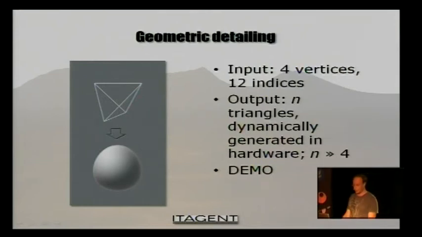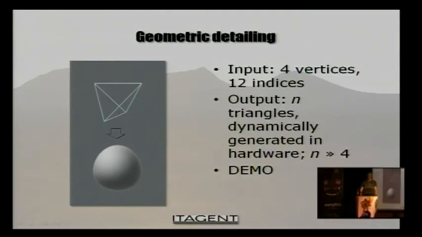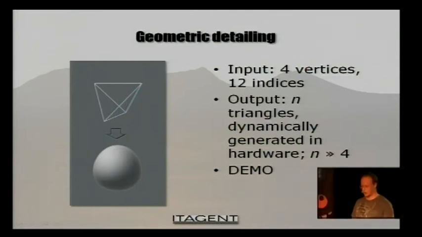And then there's a power of 2 partition, which, for example, if you use displacement mapping on the results, generates seamless results also. And there are a couple of other partition methods.